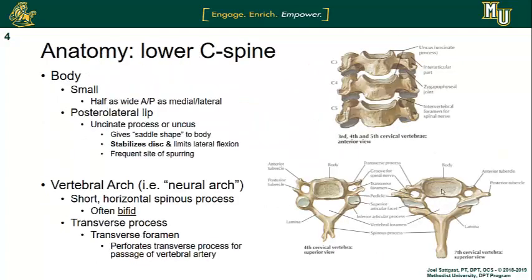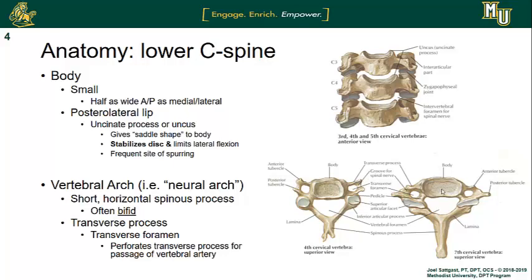When we look at the anatomy of the lower C-spine, specifically we see that the body is about half as wide anterior to posterior as it is medial lateral. It's much wider in that medial lateral direction. There is that posterolateral lip that we just discussed, the uncinate process or the uncus, and this is a frequent site of spurring.